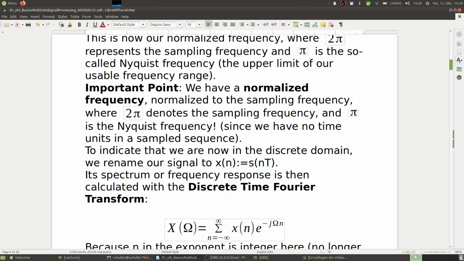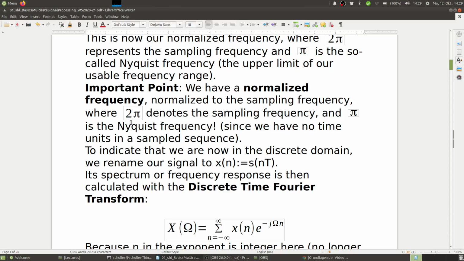If we have hertz, which is 1 divided by second, in our original time domain, then after we divide by the sampling frequency, which also has the unit of 1 over second, those units cancel, right? So after this normalization, it's unitless. That's another convenience. We don't need to worry about units.